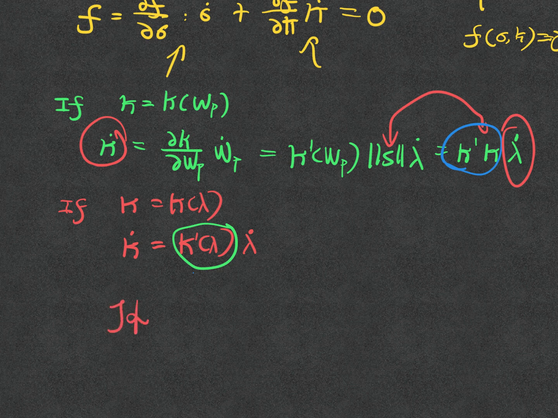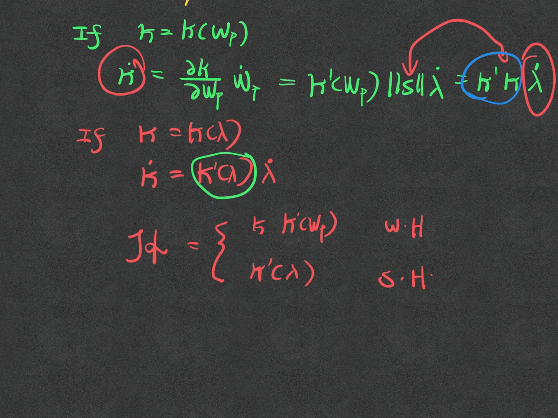So H is equal to kappa times the partial derivative of kappa with respect to Wp for the work hardening, or the partial derivative of kappa with respect to lambda for the strain hardening. Okay, and H itself is the generalized plastic modulus.